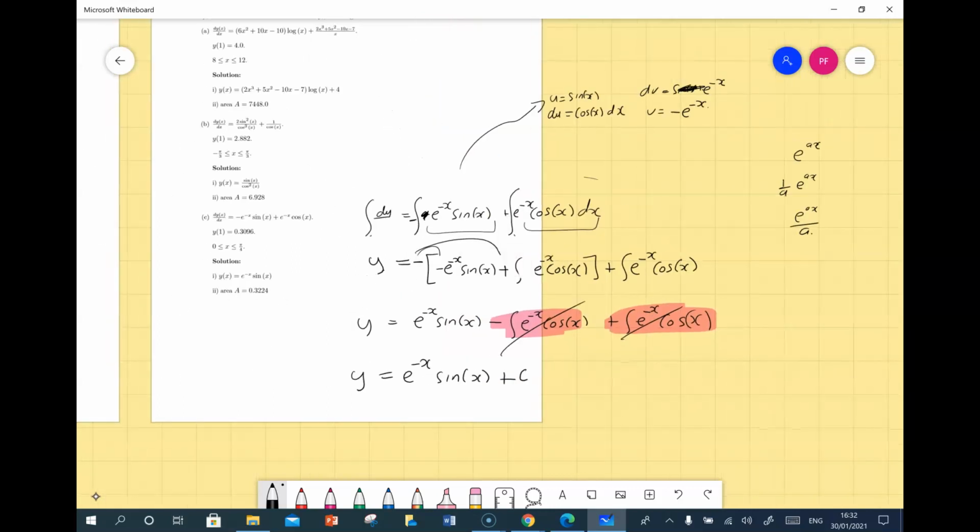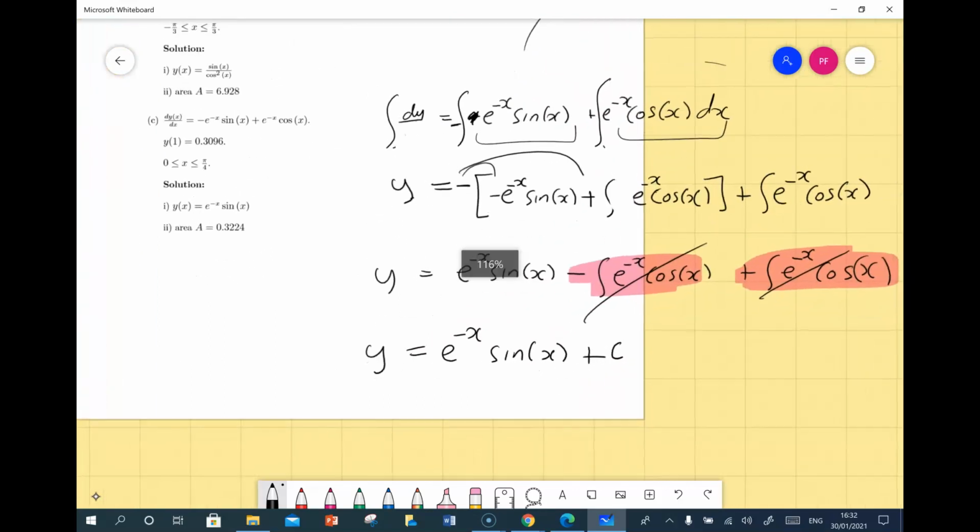Okay, so now we just need to figure out what c is. Here they tell us y of 1 is equal to 0.3096. The thing in the brackets is always the x, and that's equal to the y. So 0.3096 is equal to e to the power of minus 1 times sine of 1 plus c.